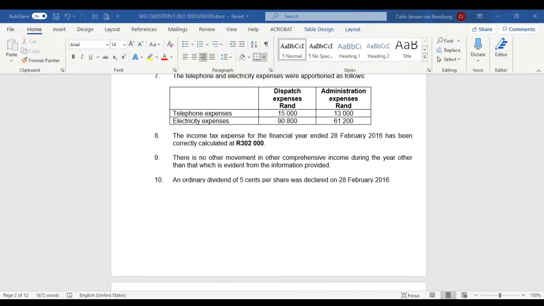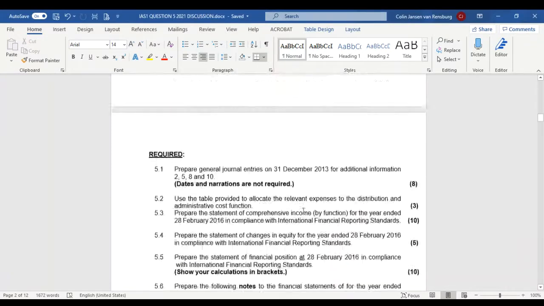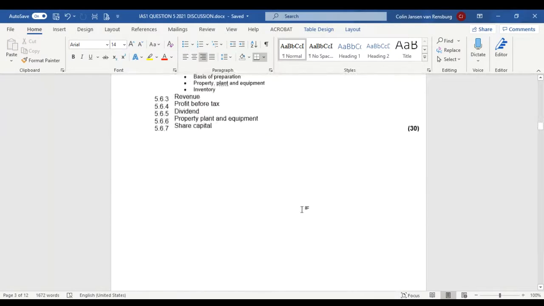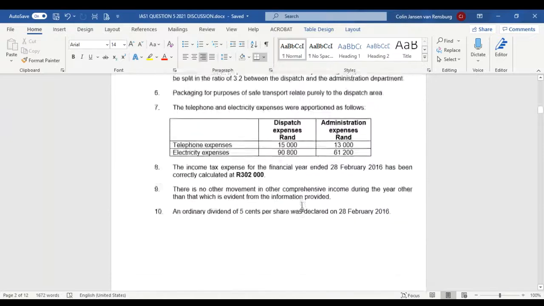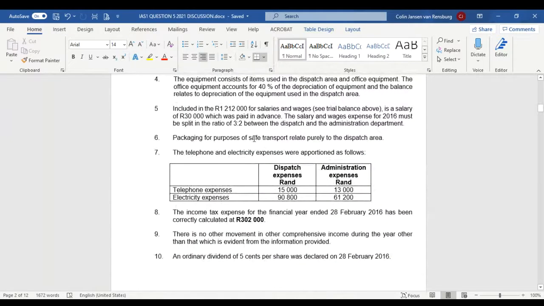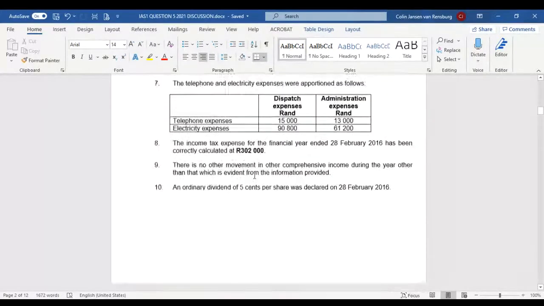But that dispatch area is part, like Monga says, and Akona says, and Yamkela and Annalisa, we all say, of our distribution function. Okay, but they did tell us here in the additional information, maybe you can just quickly look there again. Packaging for purposes of safe transport relate purely to the dispatch area, but even if that paragraph had been omitted, we would still have known that.